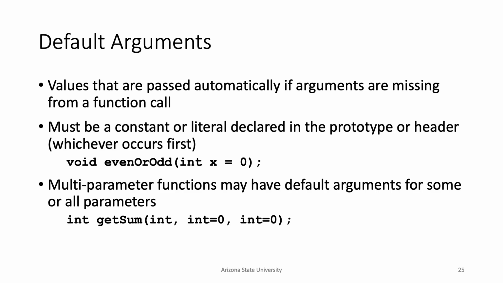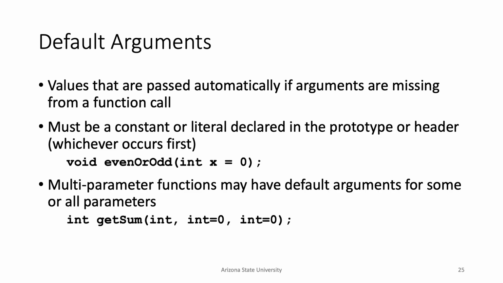But an interesting question might be, well, what if I wanted to call getSum with 4 parameters, or 5, or 6, as many parameters as I want? That might be useful, but what is the maximum number of parameters I'm allowed to use to call getSum? 3. I can't call it with 4 parameters.